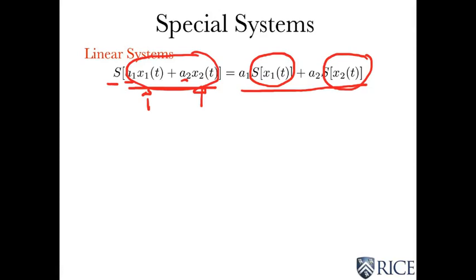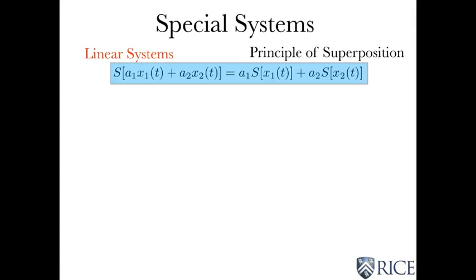So this is a very important property of linear systems. It's called the principle of superposition. We're going to use this a lot. We've already seen, when we talked about signals, that it's very convenient in many ways to think about signals as a sum of simpler signals. So for example, that triangular signal we saw in the signals video, we wrote as a sum of 3 signals.